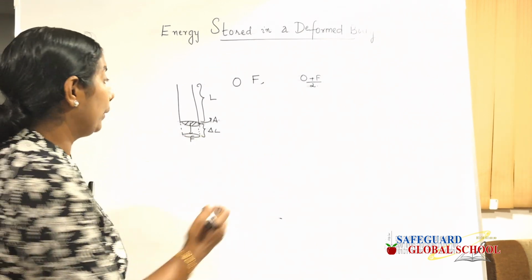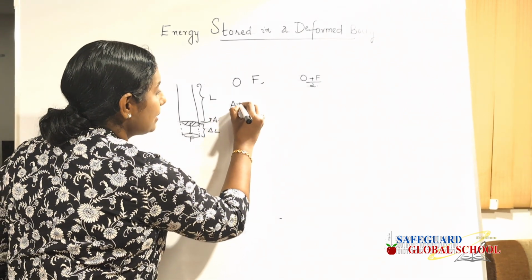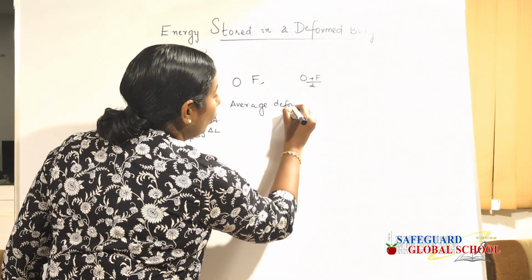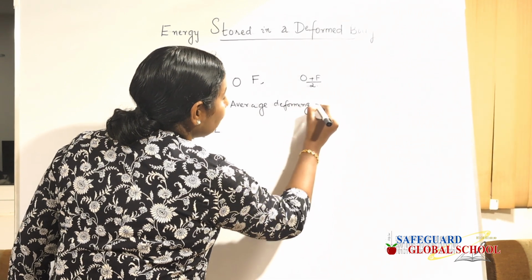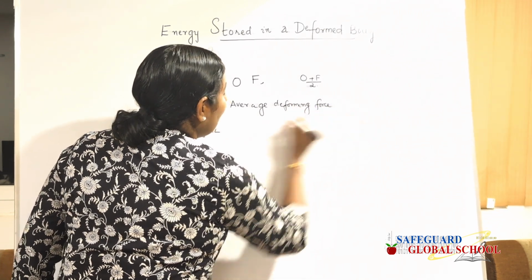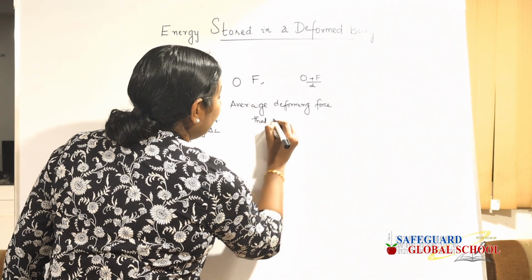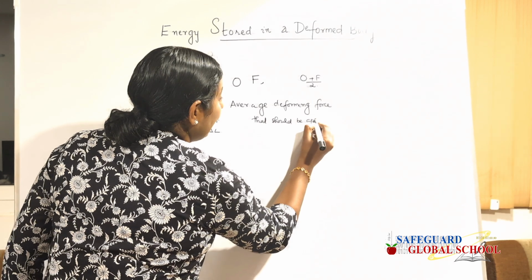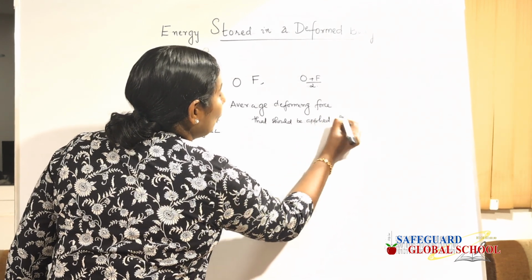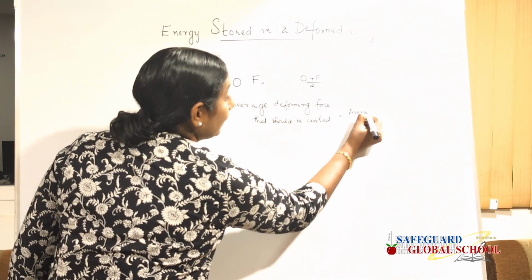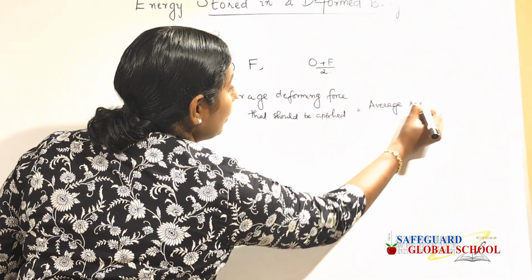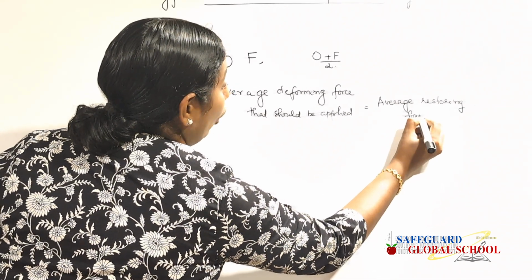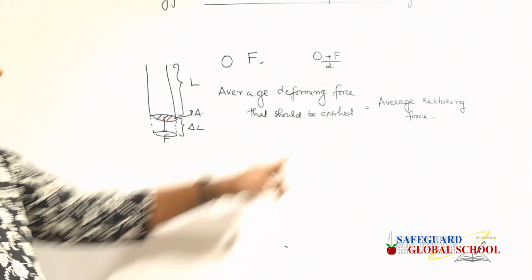The first step in this theory is: the average deforming force that should be applied is just equal to the average restoring force developed inside the body.